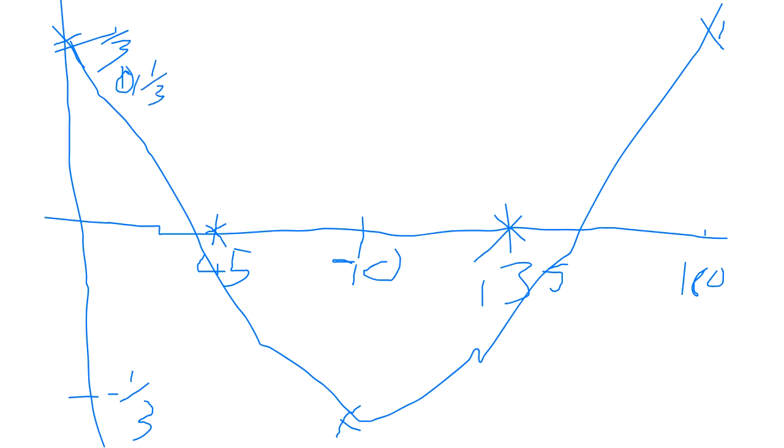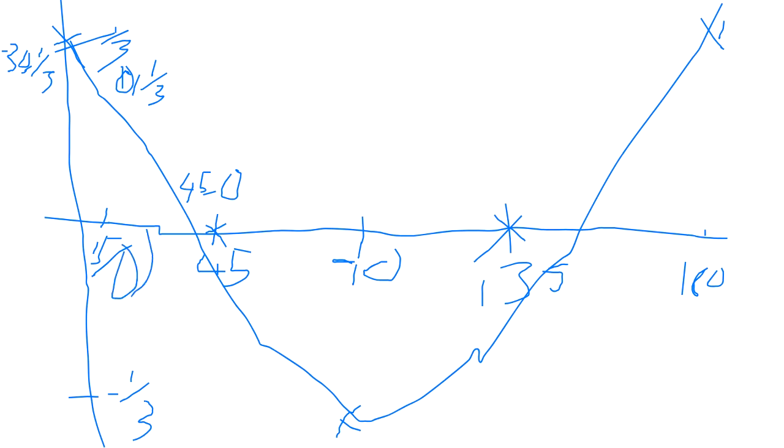Your new point will be minus 30 and 1/3, because the phase shift is 30 degrees to the left. Here is 45 and 0. So your new point will be 15 and 0.